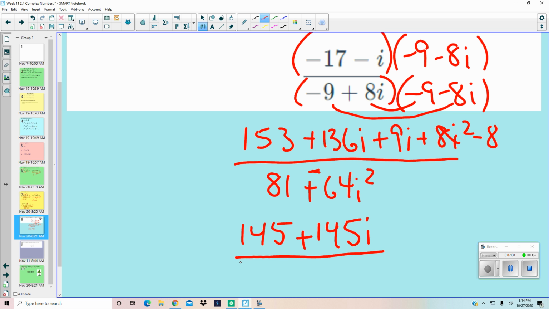And then the bottom is 81, and then that's going to become a positive 64. So that's 145. When you have a common element in each term, then they can cancel out. So this is going to become 1 plus i for your answer. And you do want to simplify it in Delta Math.